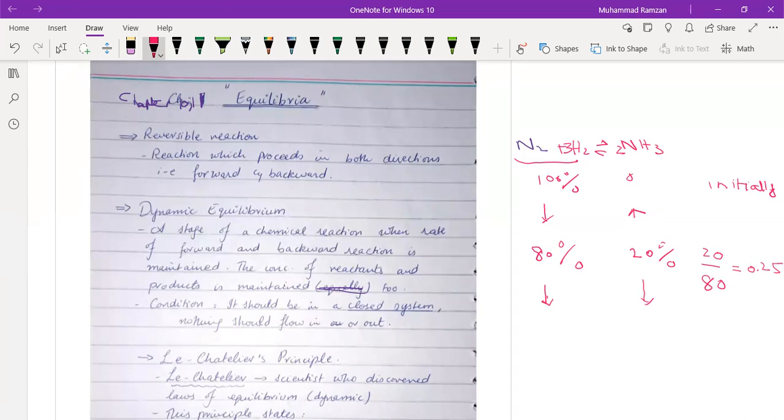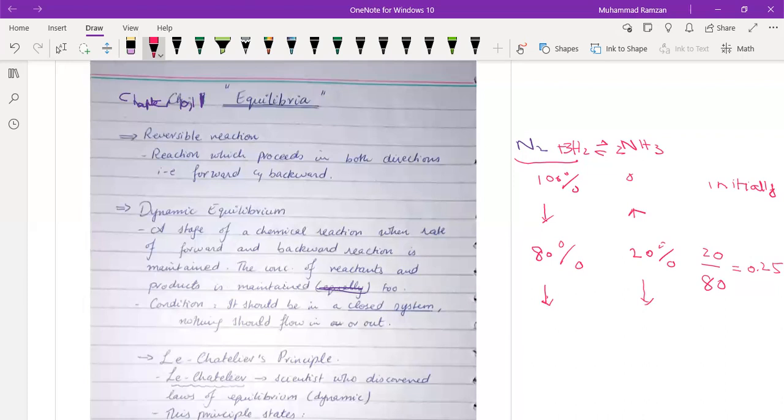Then again, in order to achieve this ratio of 0.25, the reaction starts going to the forward side. This 20 and 80 will be changed, but the answer would again be 0.25. When there is a 0.25 ratio of product and reactant, the position of dynamic equilibrium is achieved again.